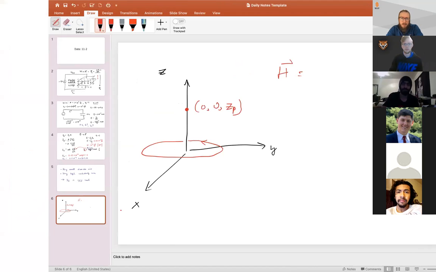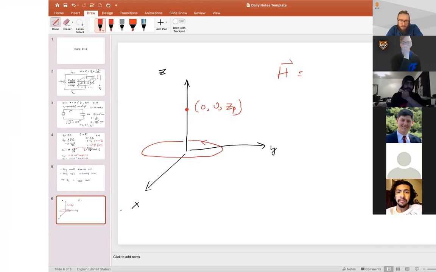So the Ampere is for very symmetric problems, and Biot-Savart is for any given problem. Should we go with the Biot-Savart? Yeah, I think Biot-Savart is the way I would go for this one.